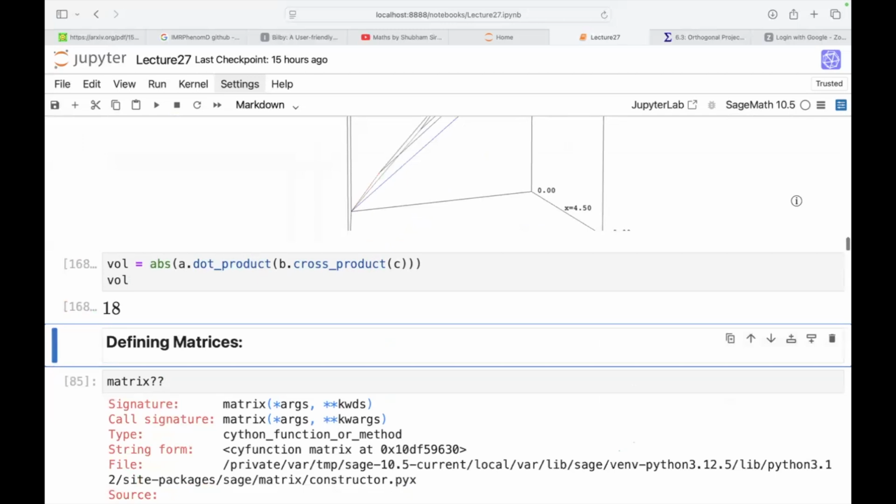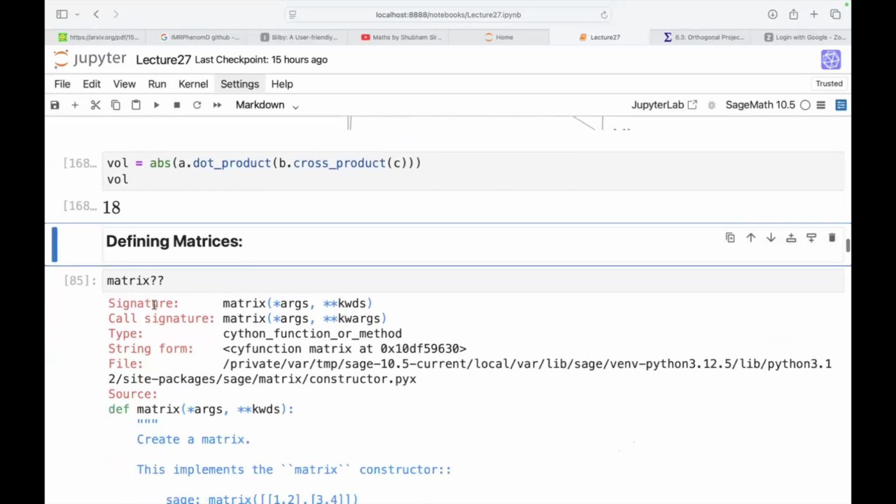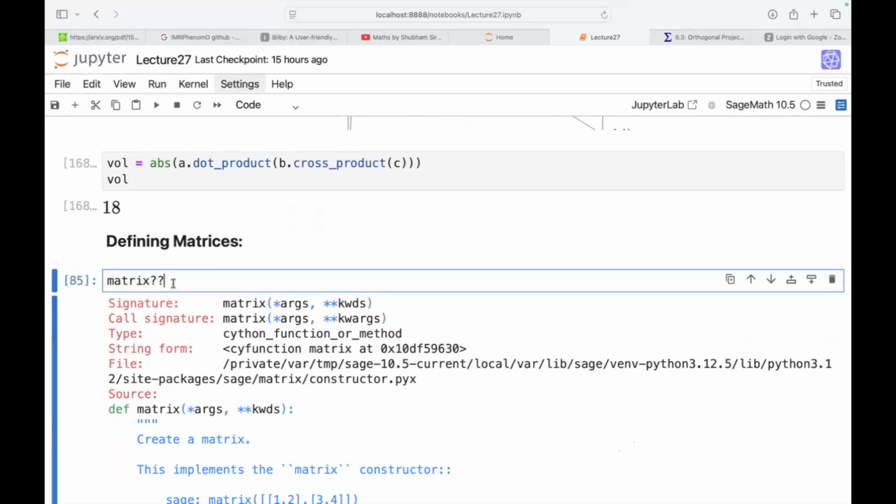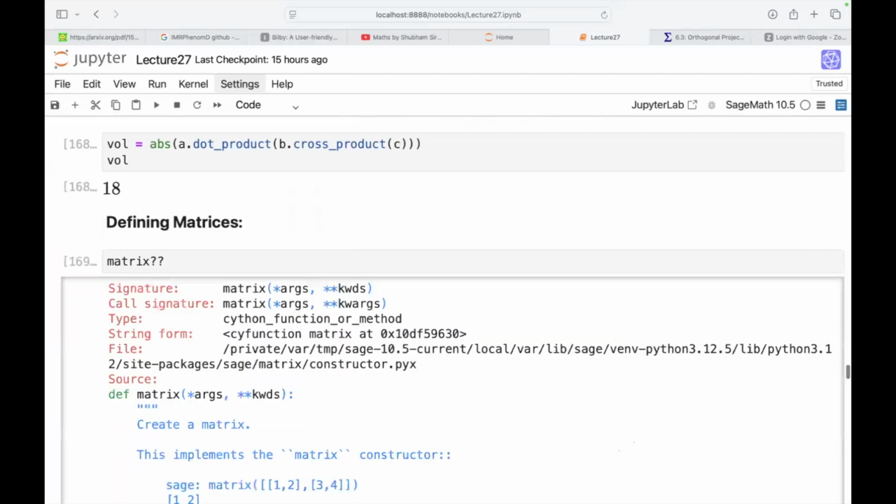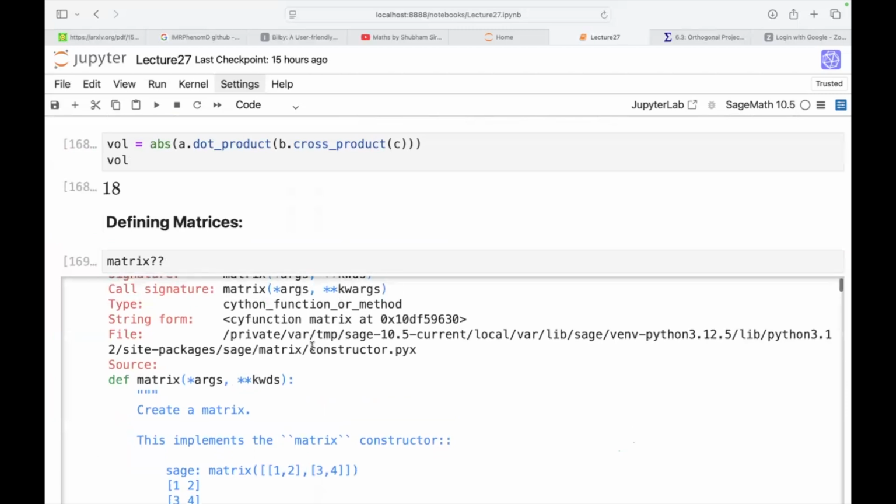Okay, basic criteria is just like the Python library. Same is SageMath. You define the matrix, then the matrix is defined, argument in the QWS, then function defined.